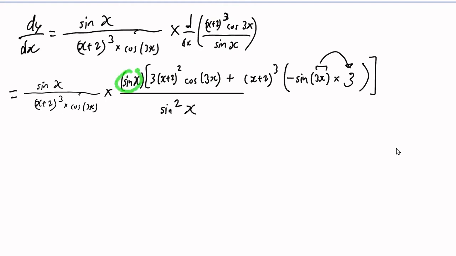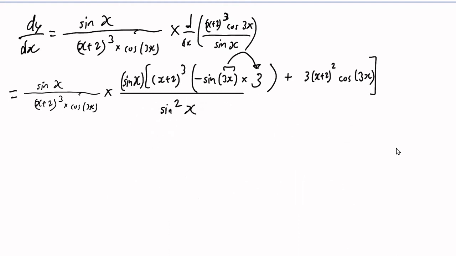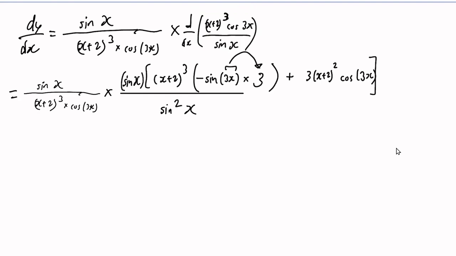That was only the low D high. Maybe it's clearer if I just swap the order. I don't know if it helps. It's the same. Keep one, differentiate the other, plus keep the other, differentiate one.